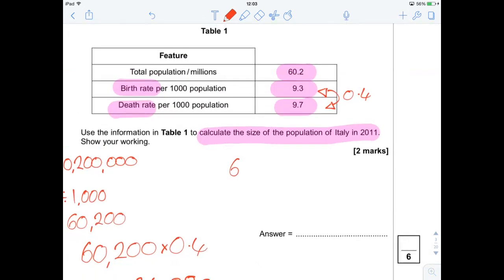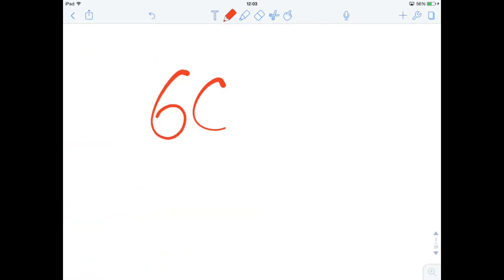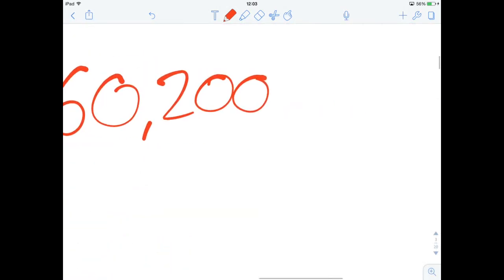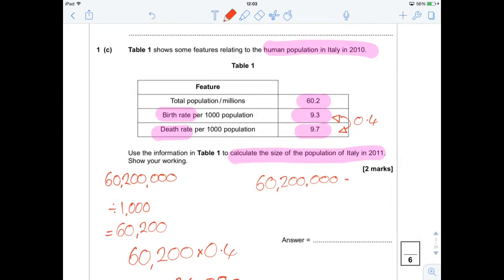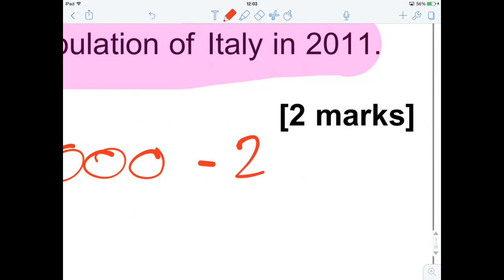And then from there, we do 60.2 million minus 24,080.